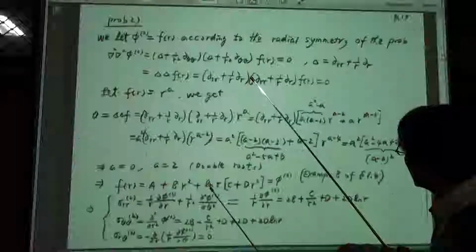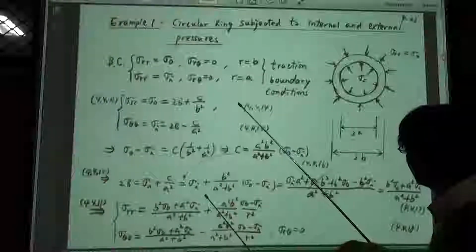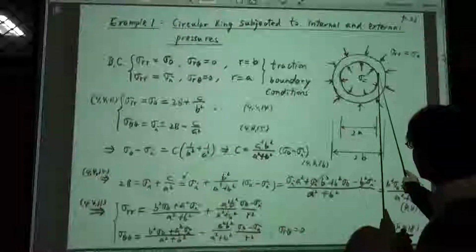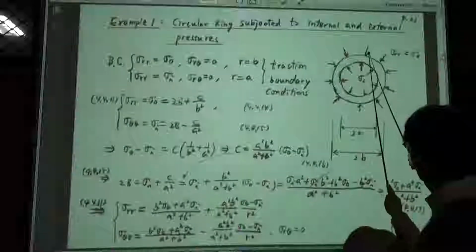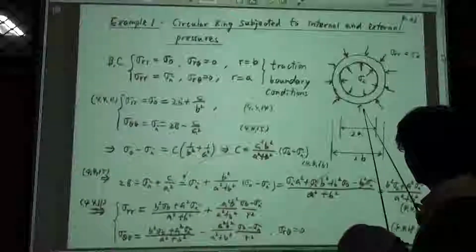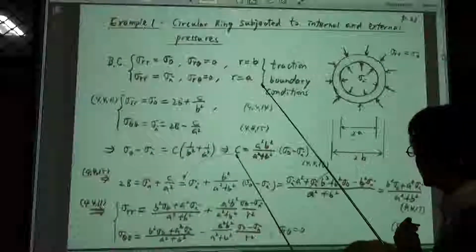Later, we will also study another two axisymmetric problems. For example, like a water pipeline. Outside the pipeline, there is some earth pressure, soil pressure, because you bury the water pipeline under the ground.